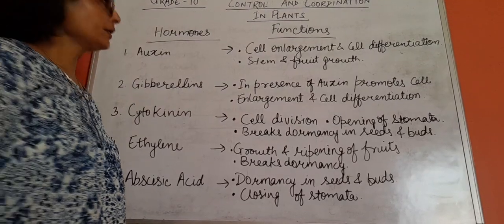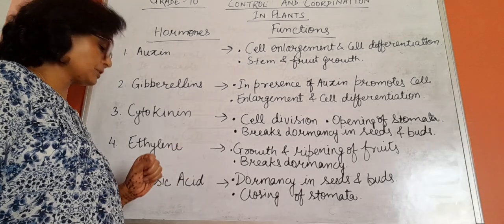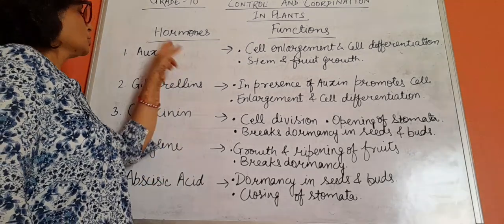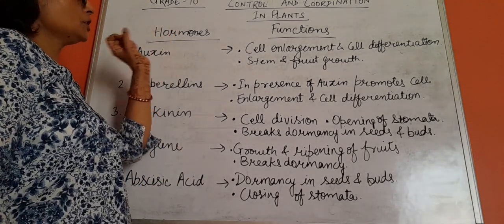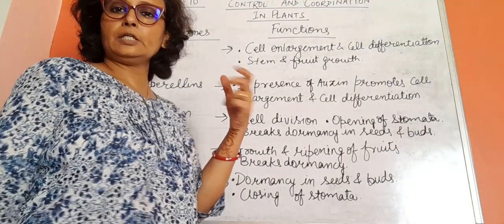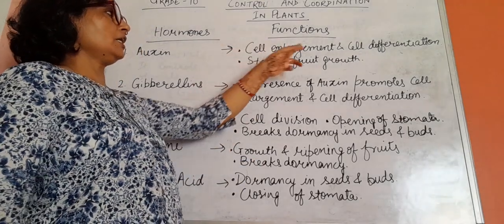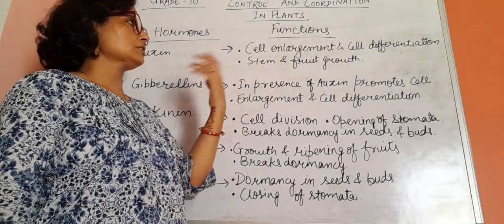These are the various kinds of plant hormones: auxin, gibberellin, cytokinin, ethylene and abscisic acid. Auxin is the hormone which is mainly found on the tips of the plant, and it promotes growth of the plant on the tips. So it promotes cell enlargement and cell differentiation.